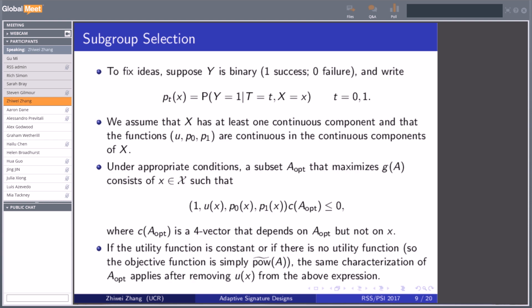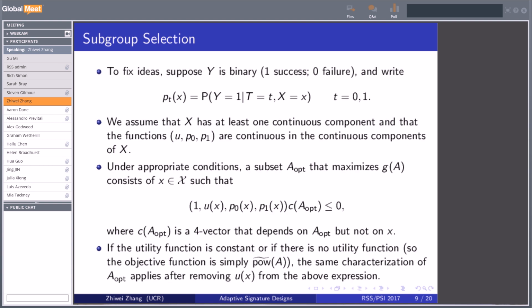Here, to fix ideas, we assume Y is a binary indicator of treatment success and write PT of X for the success probability of a patient with covariate value X under treatment T. We assume that X has at least one continuous component and that the functions U, P0, and P1 are continuous in the continuous components of X. Well, if X is all discrete, then the problem is easier because we have a finite number of subsets of X. So at least in principle, we could enumerate all possible subsets.